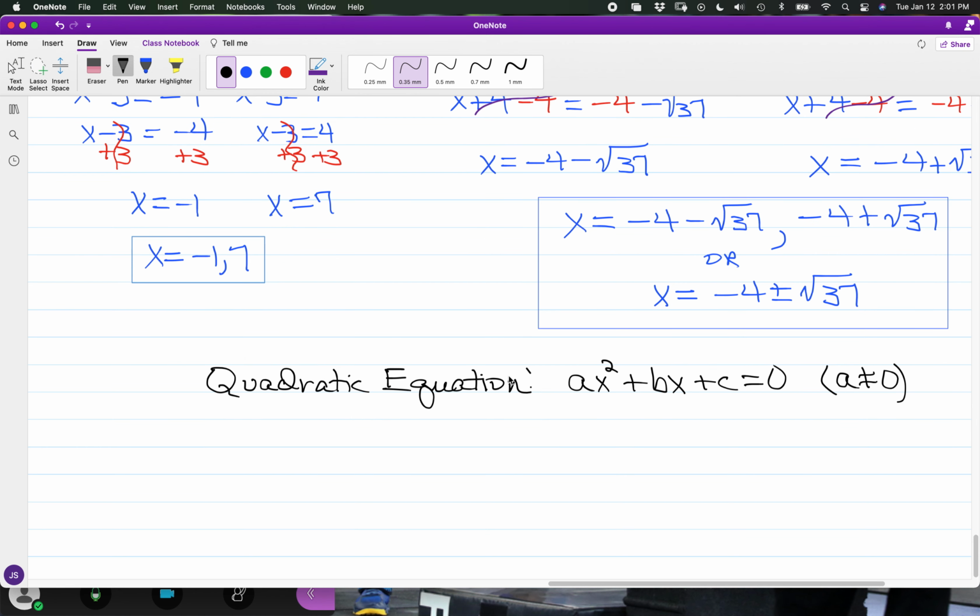And in the case of x, the derivation is going to be kind of complicated, but from solving for x in terms of the other variables, a, b, and c, we have what's going to be the quadratic formula.